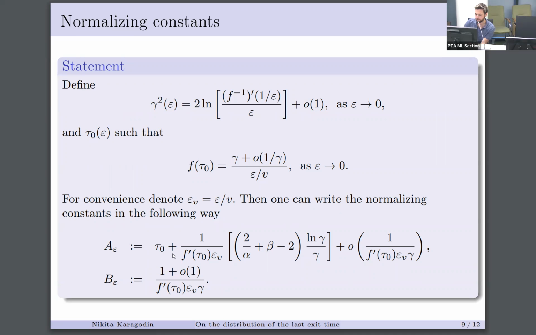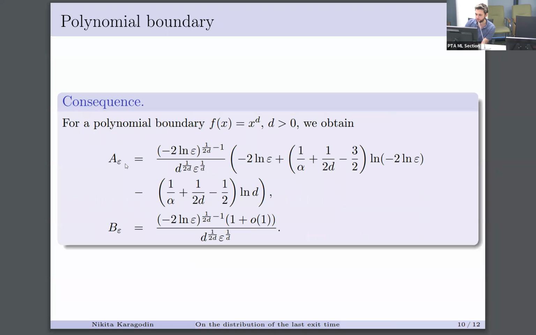The first several terms are deterministic, like before the accuracy of 1 over something, and then at the same accuracy appears a stochastic term, which is basically b epsilon times a Gumbel distribution. And if you try it explicitly for a particular boundary, it's not one term, it's several terms. So you write several terms, you get to some accuracy, and then you get a stochastic term.